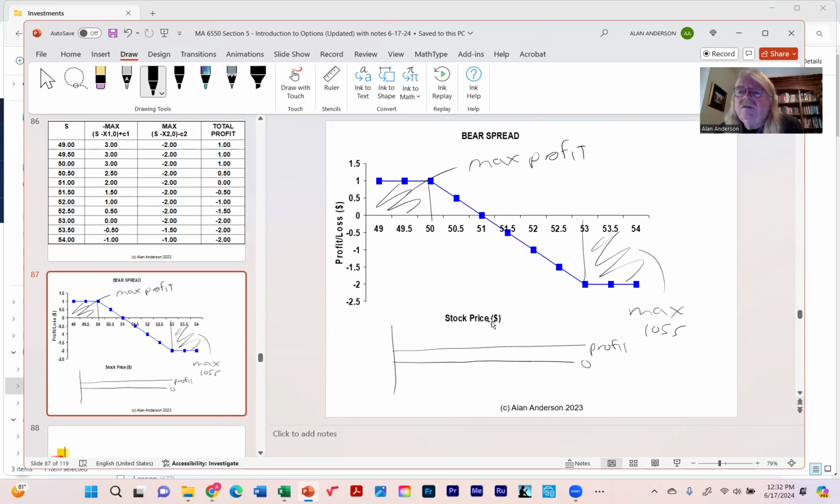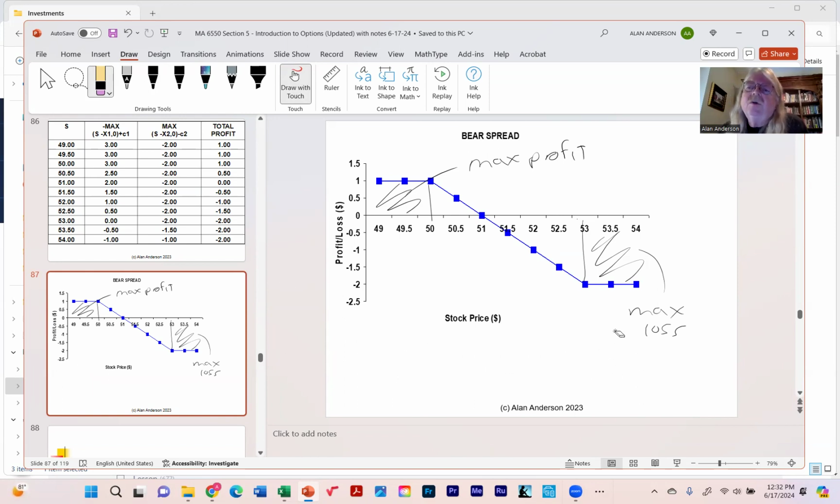Because the net cost here would be 0, so you'd end up with 0. The thing about the derivatives markets is that when you set up a position that has no risk, you have to earn the risk-free rate of return in order to avoid arbitrage opportunities. But it can be done.